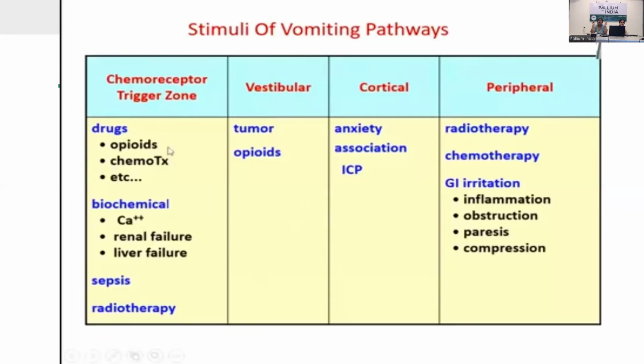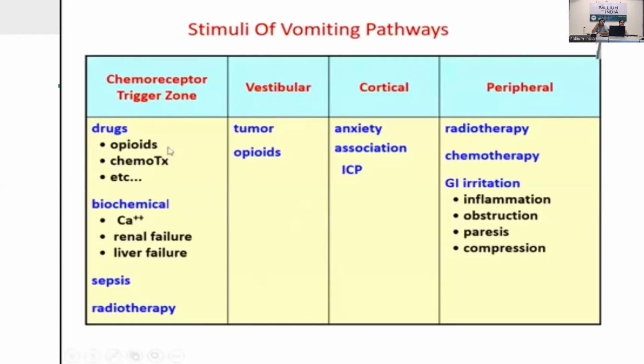All these will affect the CTZ. Liver failure, when the patient has high SGOT, SGPT, bilirubin, everything increased. Sepsis, severe sepsis, infection will directly affect the CTZ. And radiotherapy, like we said before, through the serotonin.